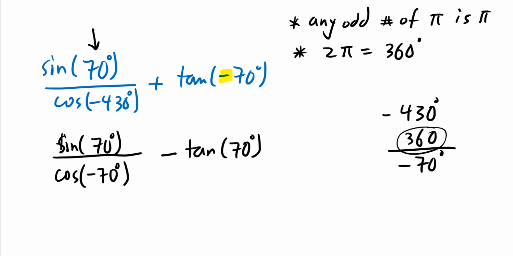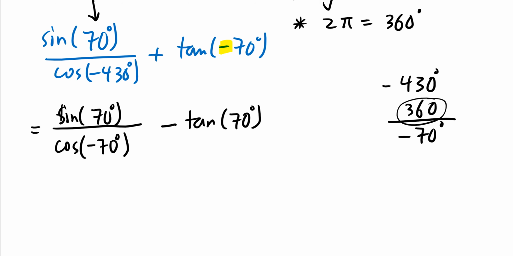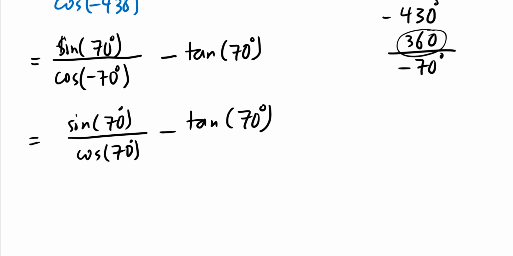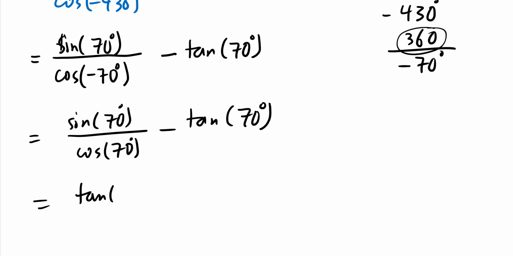It's the same angle. So that's why we can replace the negative 430 degrees with negative 70. Again, using the even odd identities, cosine negative 70 is cosine 70. And keep this the same. Sine over cosine is tangent. Minus tangent 70 degrees. So that would give us 0.